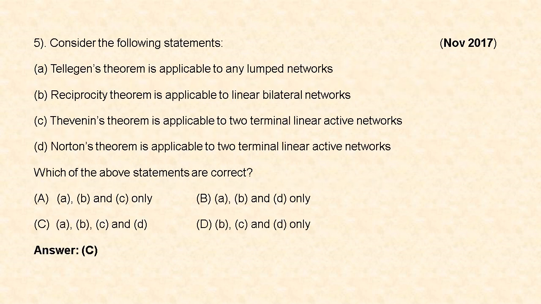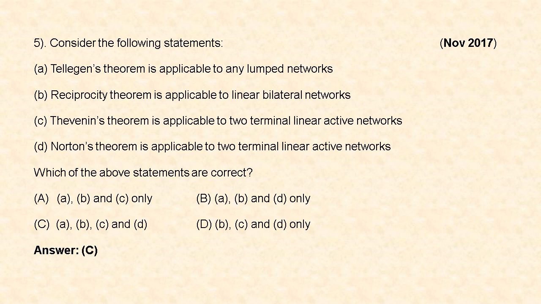So the next question is, consider the following statements. This question was asked in November 2017. So the first statement is Tellegen's theorem is applicable to any lumped networks. Lumped network means this network contains physically separable elements, that is R, L and C are physically separable.